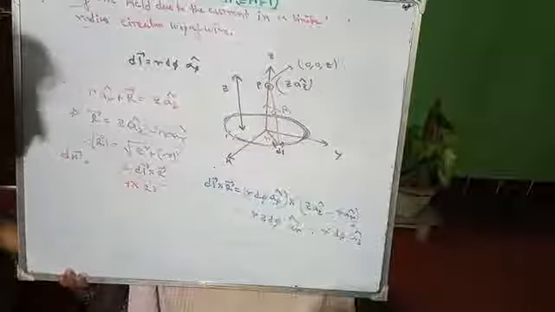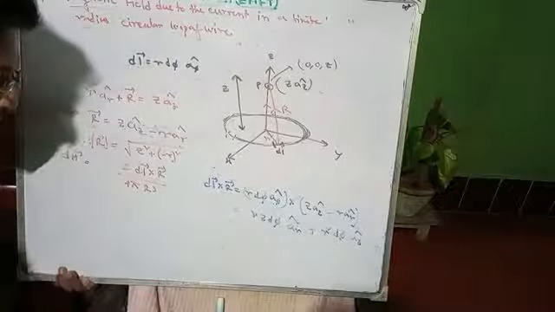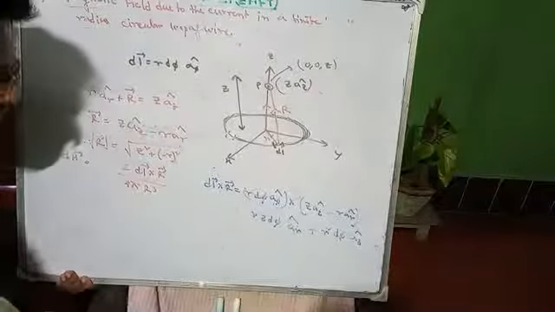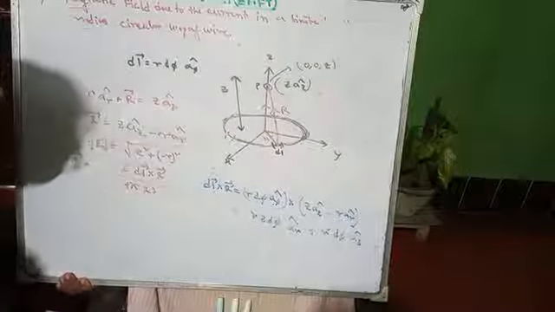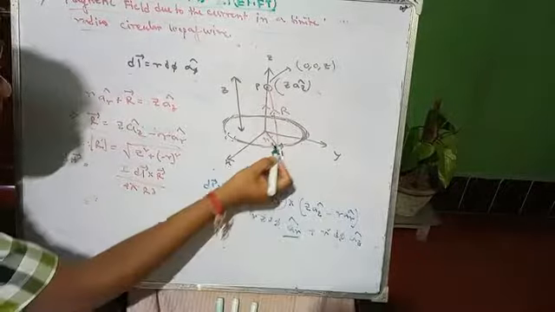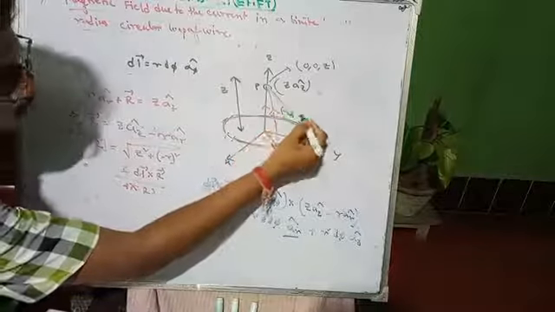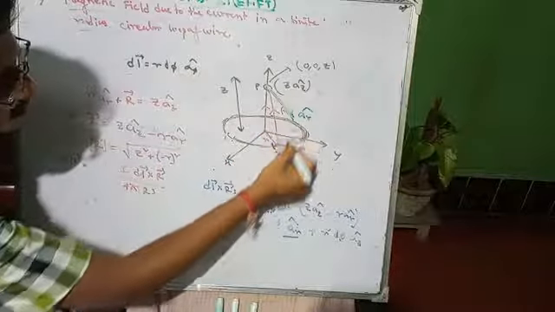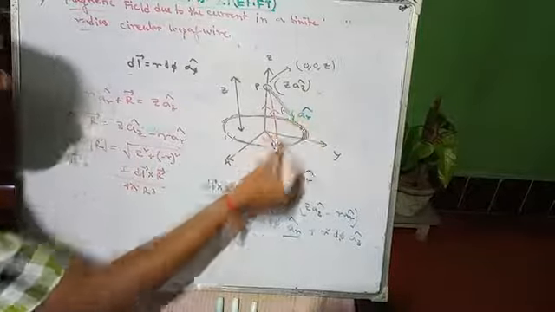But actually before writing, you have to first understand what the direction is. Okay. What is the direction of them? See, if we consider this a_R cap, this is your a_R cap direction, because this direction is a_R cap. So simultaneously this direction also will be a_R cap. Okay.